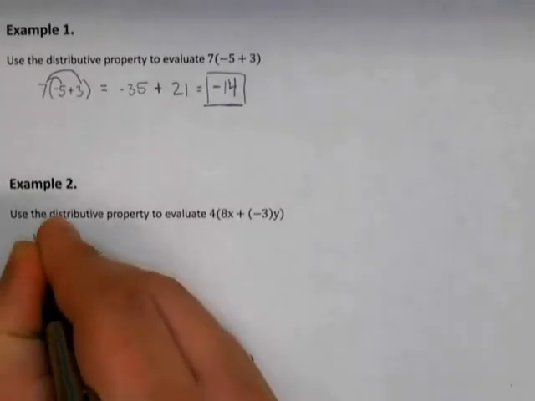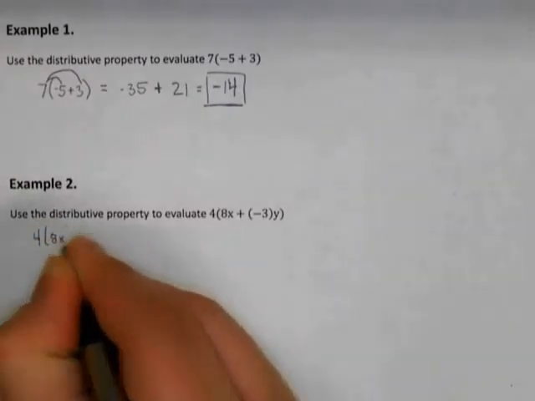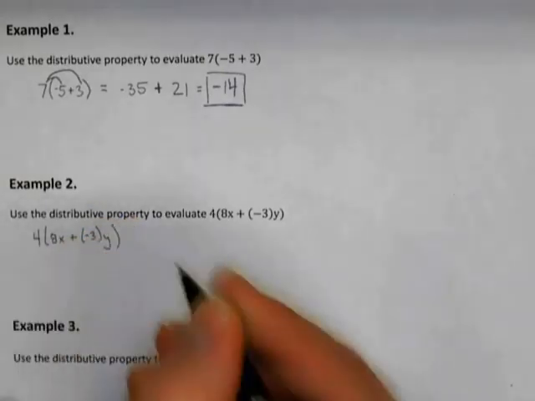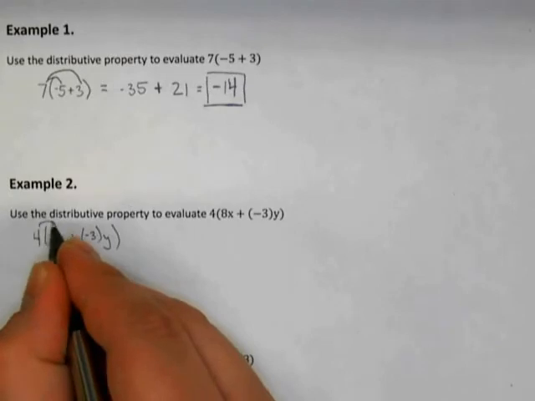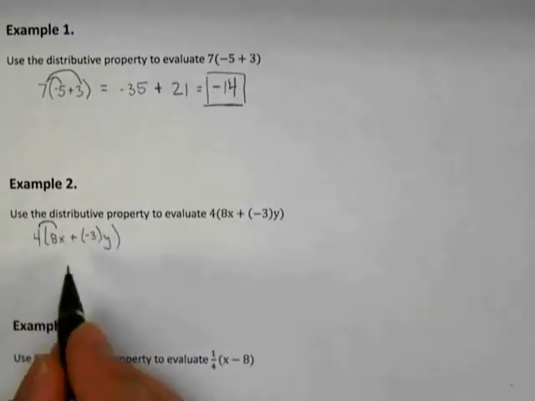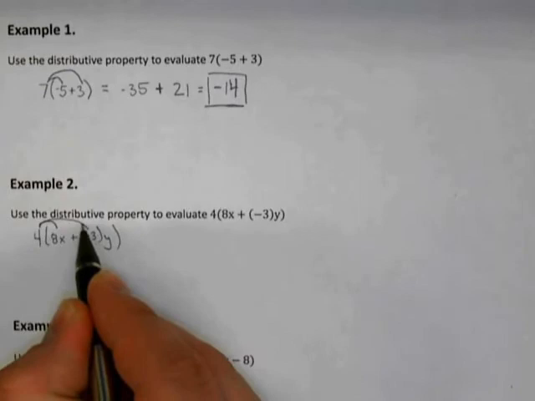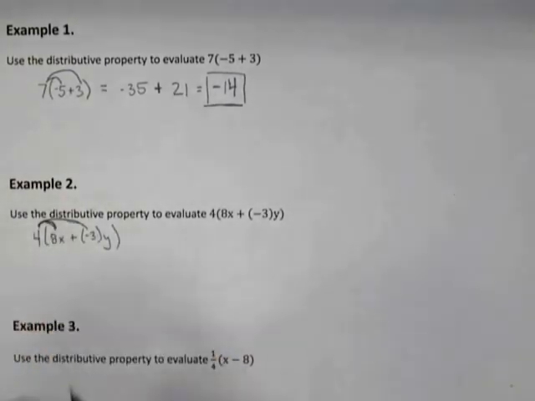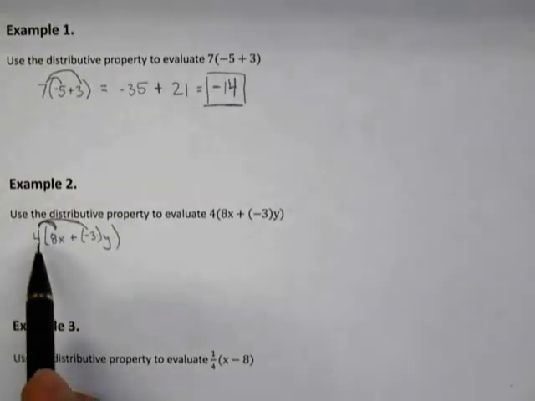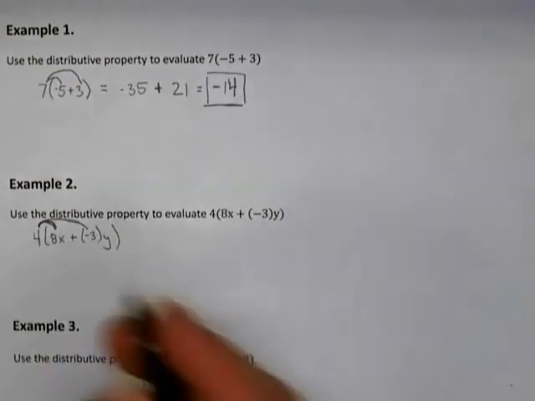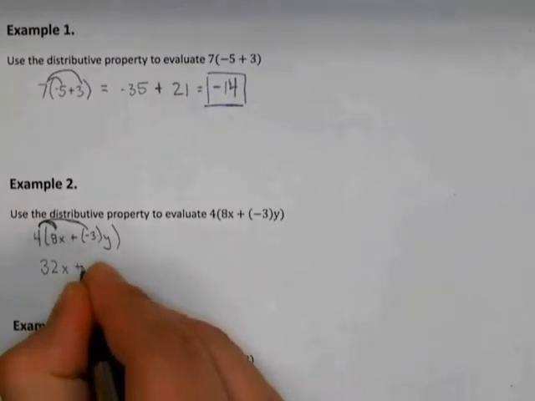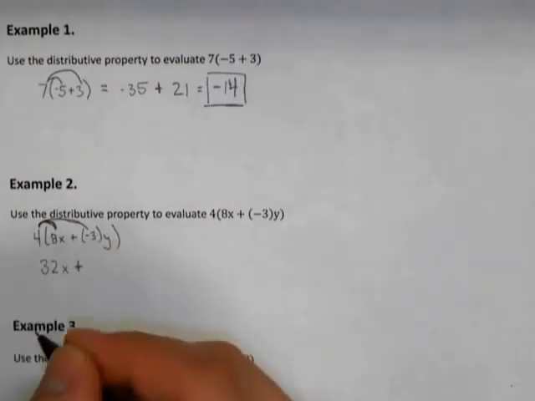Okay, so we have 4 times 8x plus a negative 3y. So again, we have to use the rainbow effect on both sides that are being added. That's the main thing you have to remember, that it's just based on what's being added. So 4 times 8x, again, that really is just 4 times 8 times x, right? But we can do 4 times 8 first, and 4 times 8 is 32, 32x, plus 4 times a negative 3y.